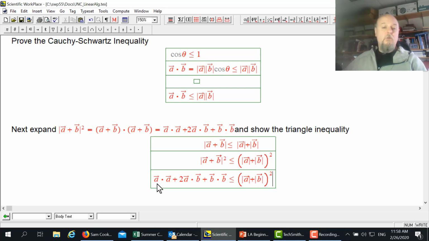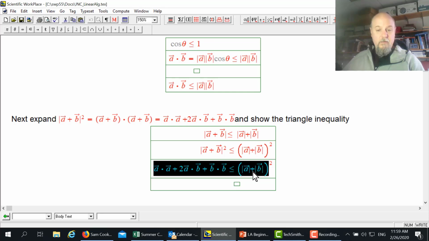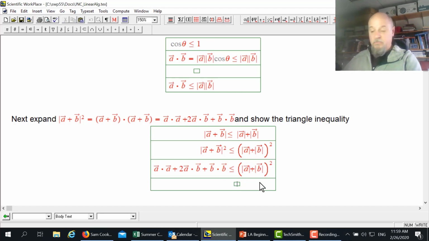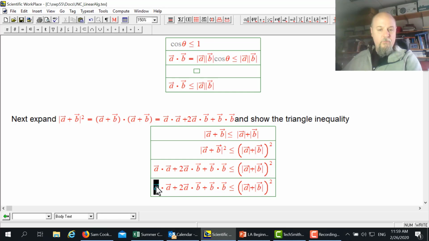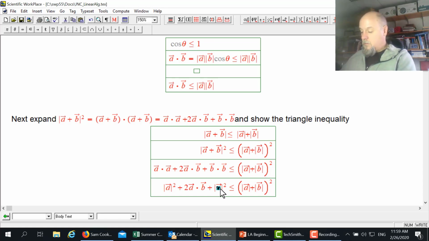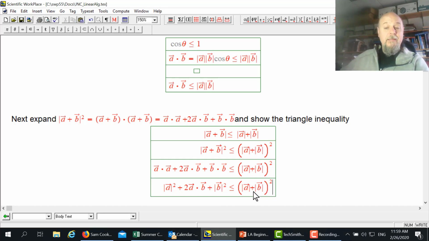A dot B, this is magnitude of A squared. So let's clean this up a bit. I'm going to end up showing my proof upside down, but it's more clear as to where it comes from. So A dot A is just magnitude of A squared. B dot B is magnitude of B squared. And let's expand out this side here.